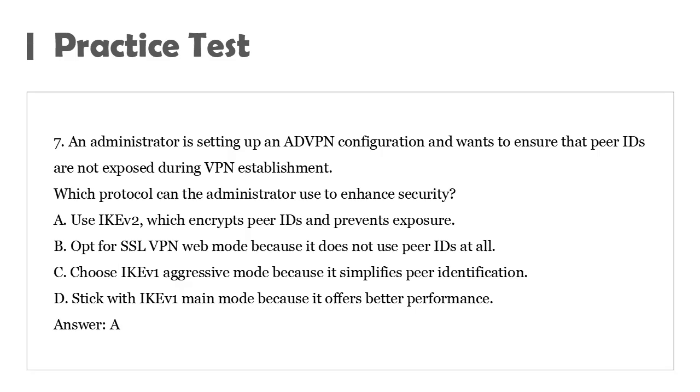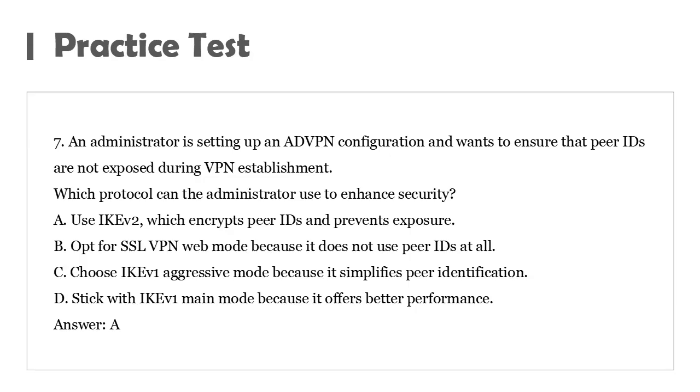7. An administrator is setting up an ADVPN configuration and wants to ensure that peer IDs are not exposed during VPN establishment. Which protocol can the administrator use to enhance security? A. Use IKEv2, which encrypts peer IDs and prevents exposure.